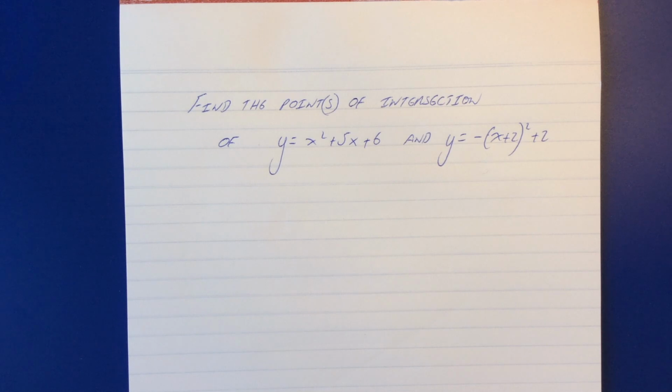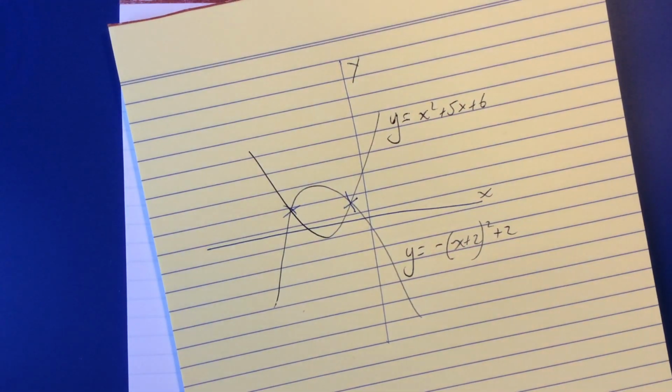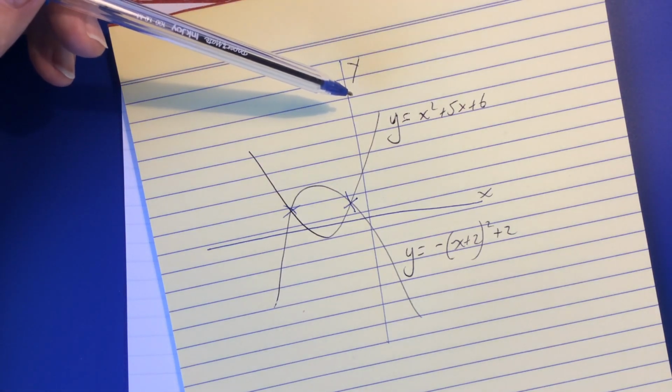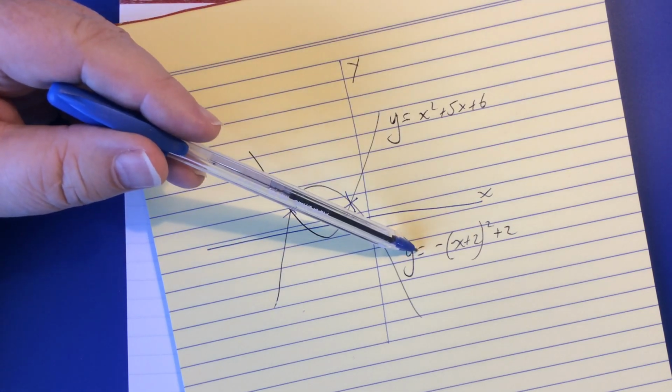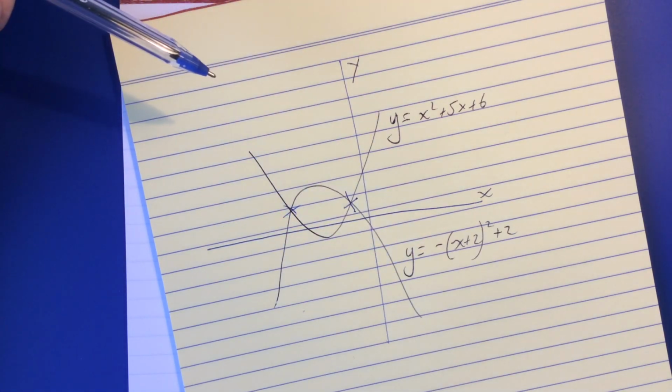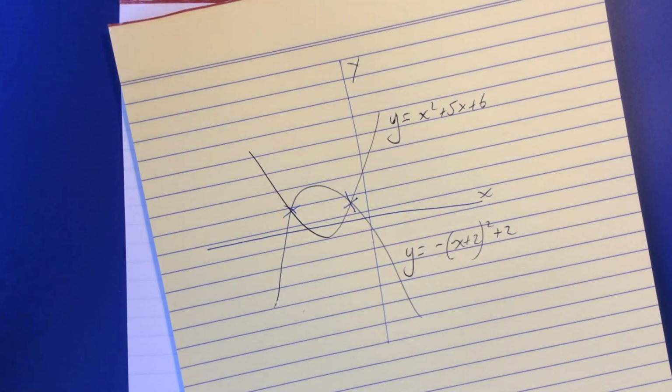Now, I find it extremely useful to set up a diagram of what it is I'm looking for. So on my yellow pad, I've very, very roughly sketched the graph of each equation. Now this one was in turning point form, so it made life a little easier. Now this is not to scale.